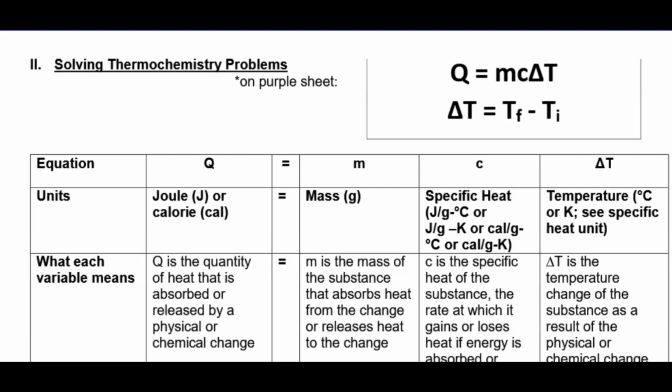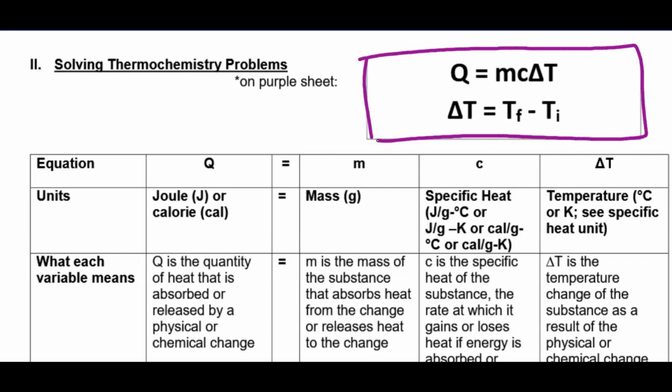Okay, let's take a look at the next page, because this is solving thermochemistry problems. We have two formulas. I want you to pause the video for a second and go ahead and write these two formulas on your purple sheet. That is Q equals mc delta T, and then delta T is T sub f minus T sub i.